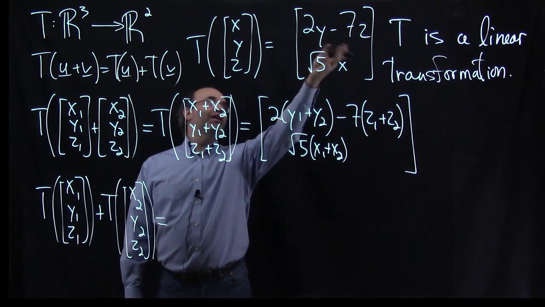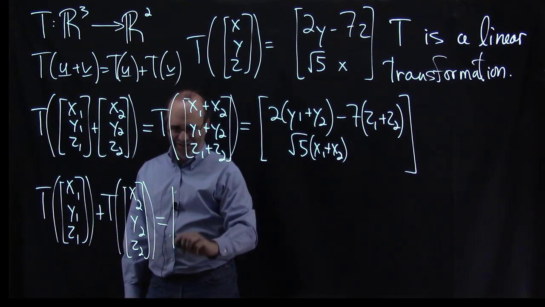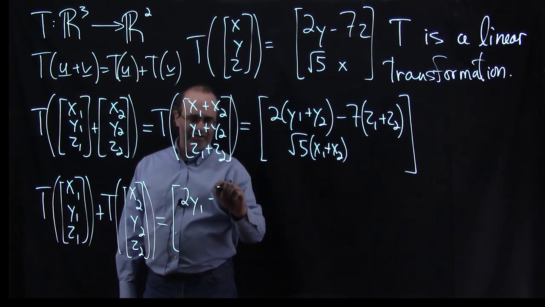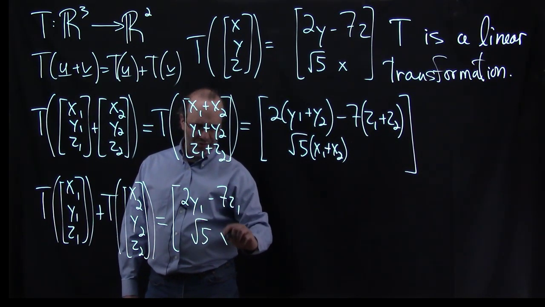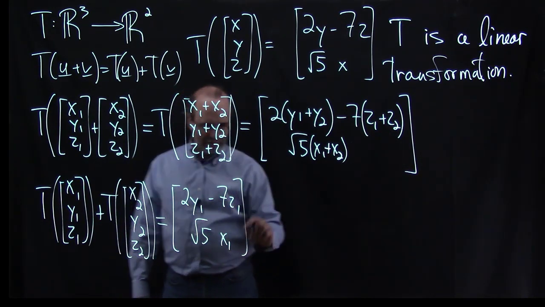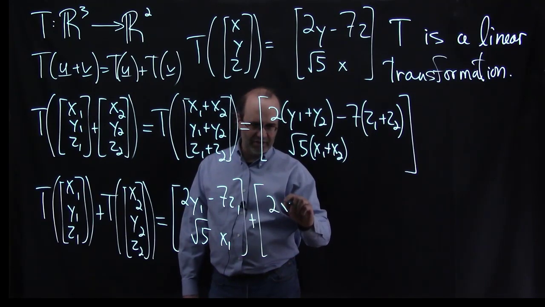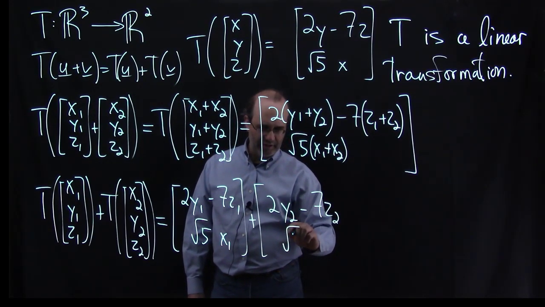I just use this formula, but with indices 1 and 2. So you just get 2y1 minus 7z1, and then square root of 5 times x1. Same thing with the other vector, except that I get a y2, a z2, and an x2.